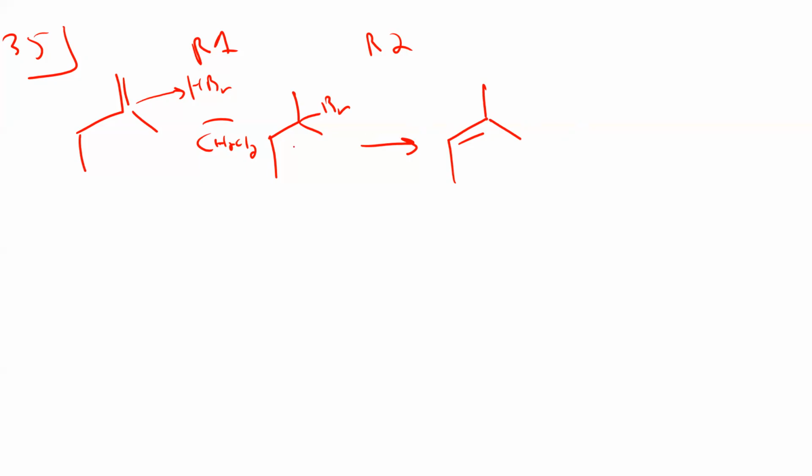We'll create a double bond. So there's a hydrogen here. If you use an ethoxide, remember this can do this. Then they want us to get this alcohol.